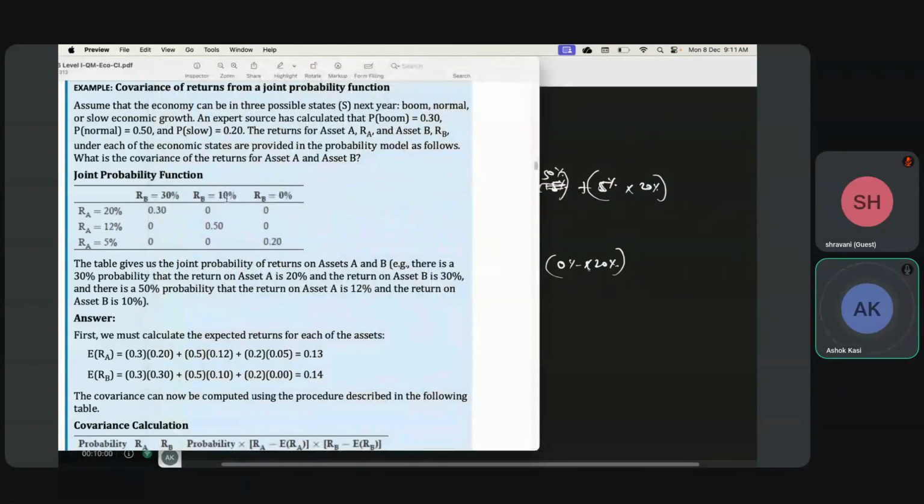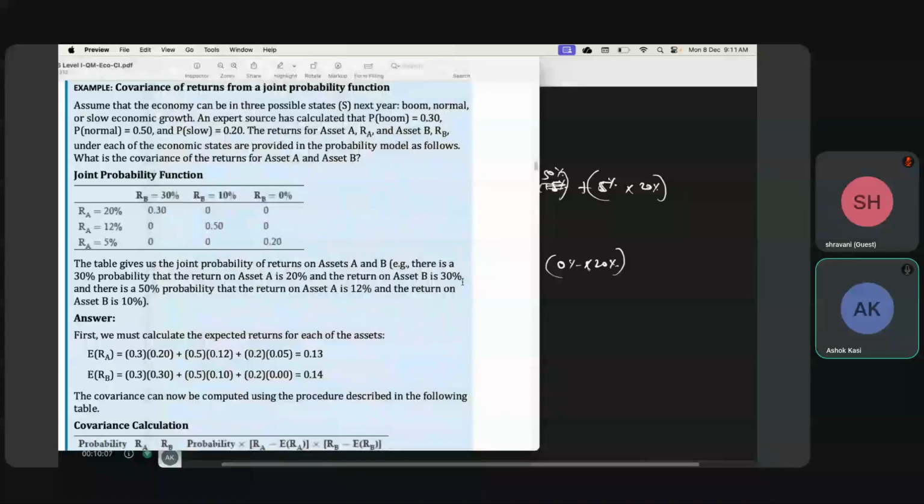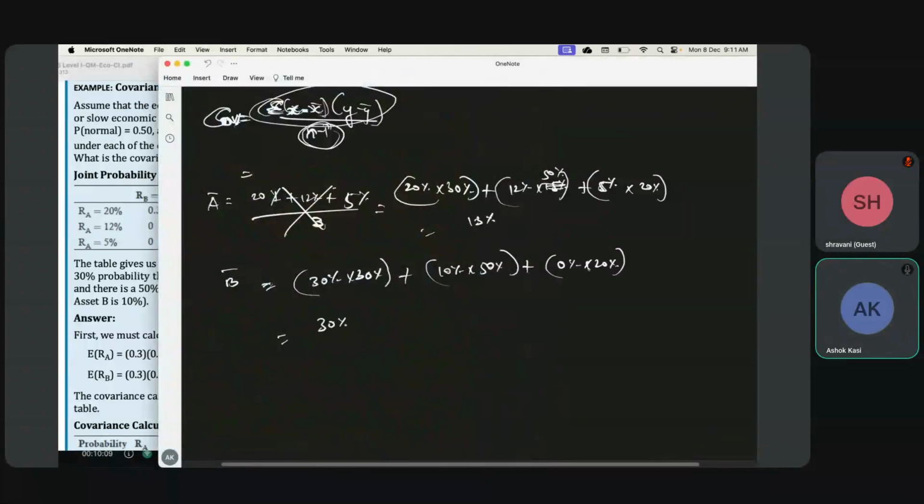Now, going by this formula, the probability first is 30 percent of x minus x bar. X is 20 percent minus 13 percent, into y minus y bar.